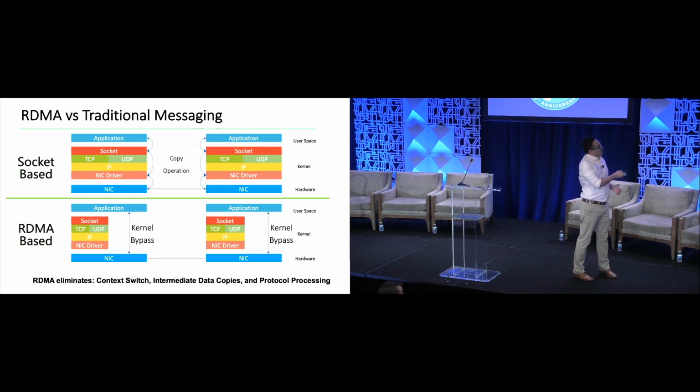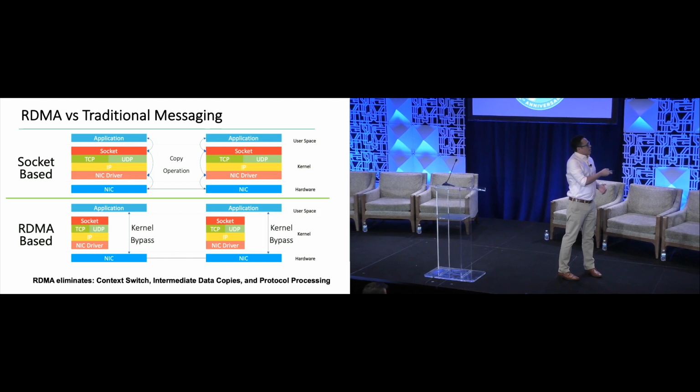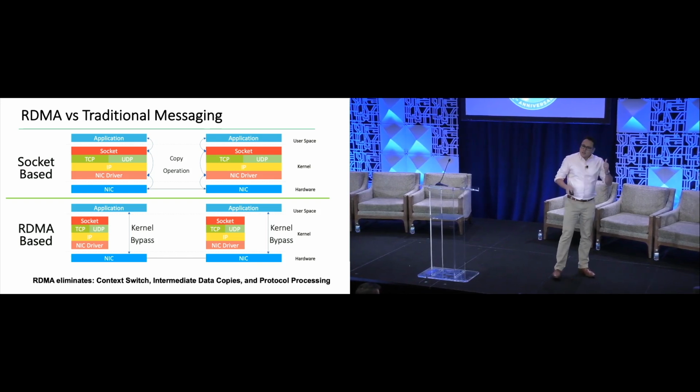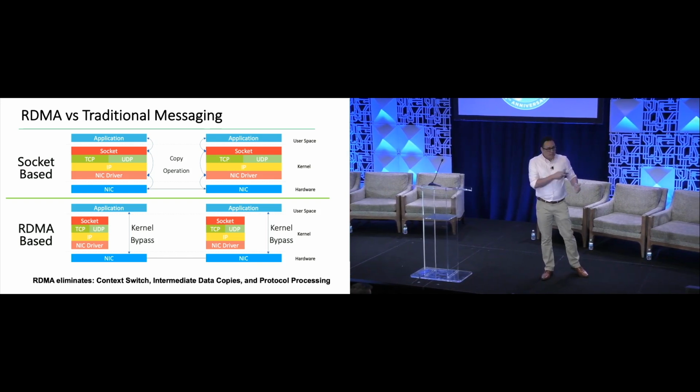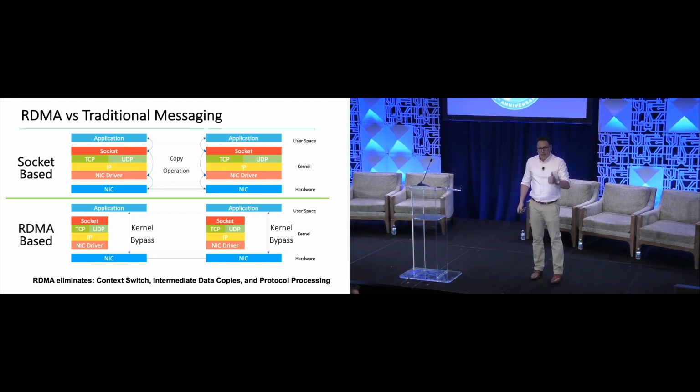Now, in the top part of this diagram, this is your standard sockets communication. The key thing to keep in mind here is that standard socket communication from user space requires a context switch into the kernel and an associated data copy and protocol processing. Those are the three exact things that RDMA eliminates.